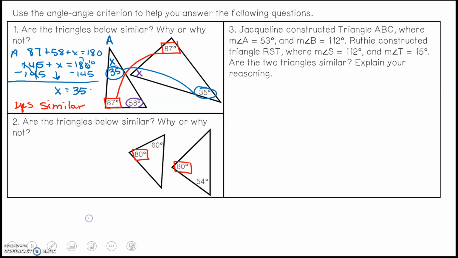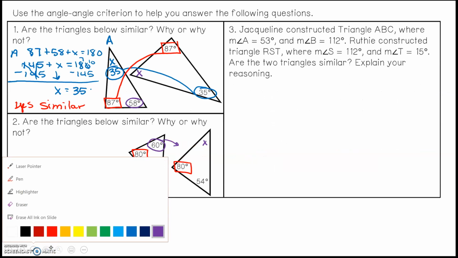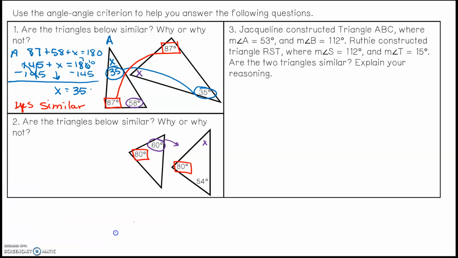Then I need to see if any angle in this triangle matches, or we want to see if there's any angle in this triangle that matches 54. So we're going to do the same thing up here. All three angles add up to 180 degrees. So we're going to add those together and see if any of them will match.